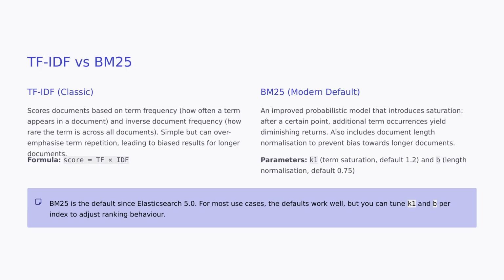Parameters such as K1 and B can be fine-tuned per index to refine ranking behavior. Since Elasticsearch 5.0, BM25 has been the default choice, offering robust performance for most scenarios. Remember, tweaking K1 and B can tailor the algorithm to suit specific requirements. In a nutshell, understanding the nuances between TF-IDF and BM25 is crucial for optimizing search relevance effectively.